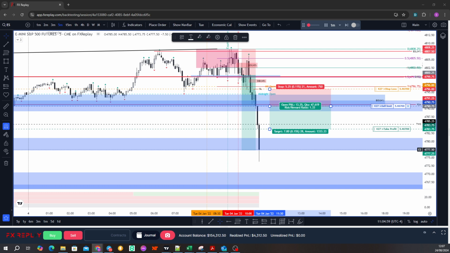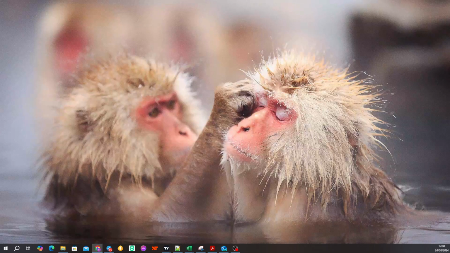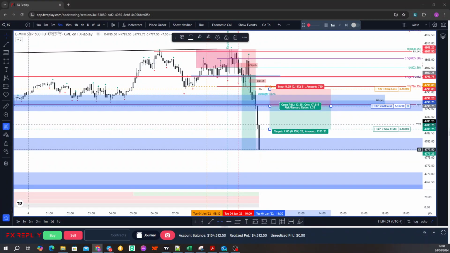Now, one of the things I don't understand is this is not actually allowing me to save it, which is disappointing. So I'm going to have to think outside the box here. What to do.